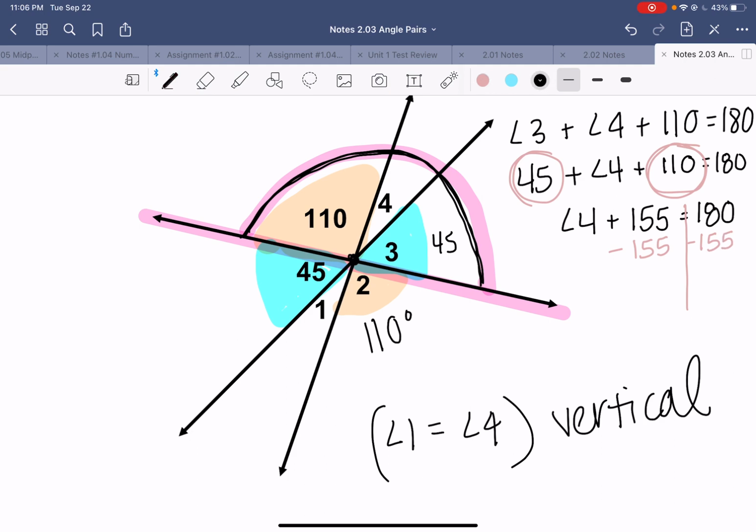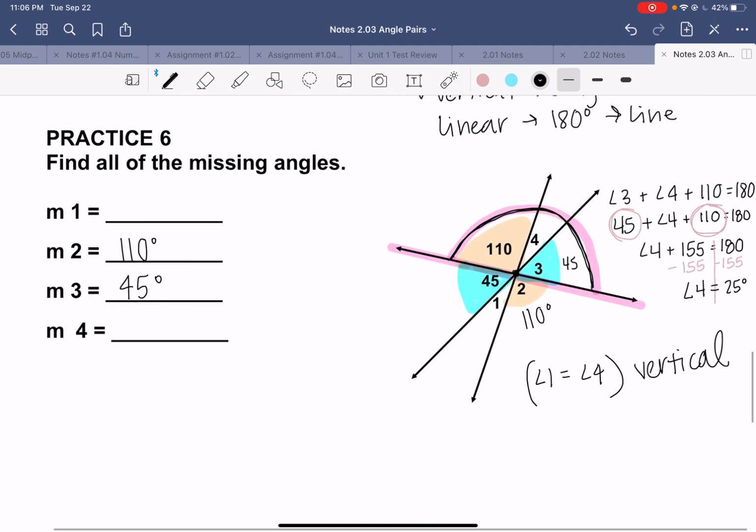Now I'm left with angle 4 equals 180 minus 155. So angle 4 should be 25 degrees.